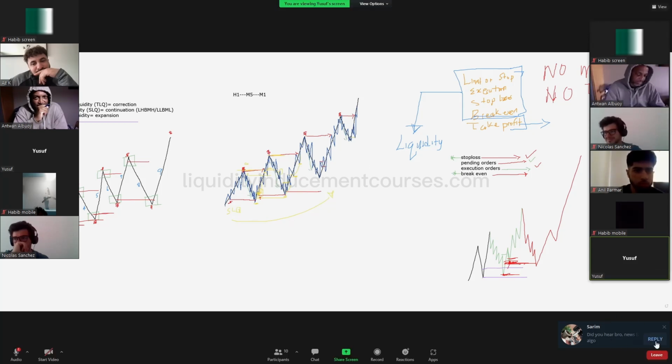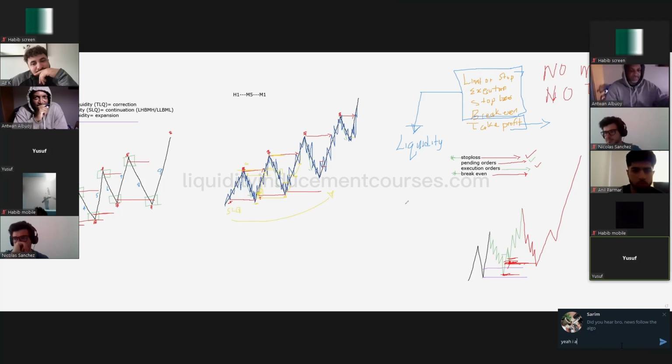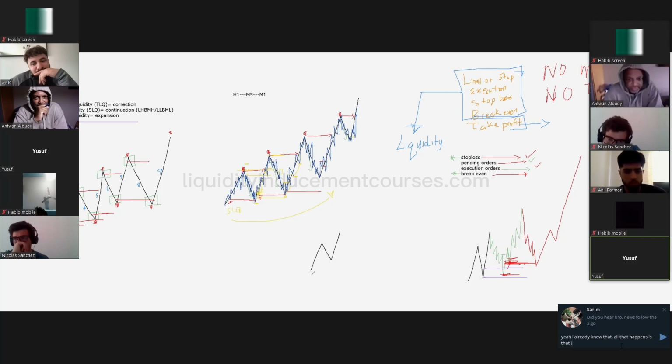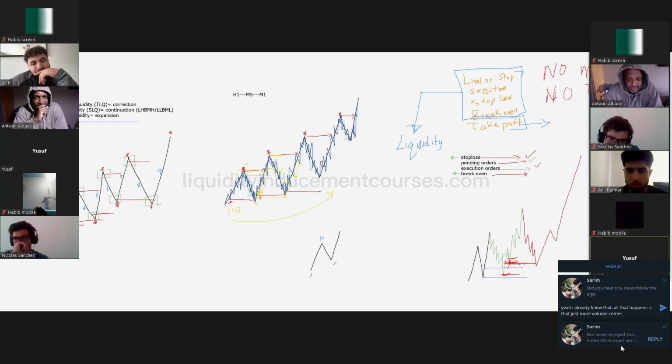Now, when you are in an uptrend, you have a higher high, higher low, higher high. Inducement liquidity is always sitting, this is a low, this is a high, this is a higher low, and this is a higher high.